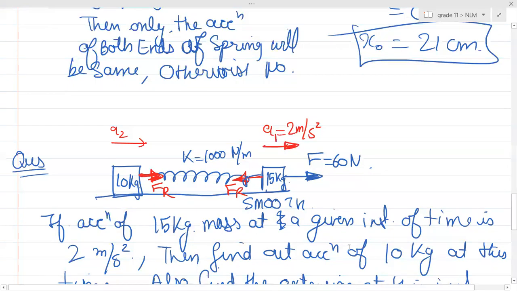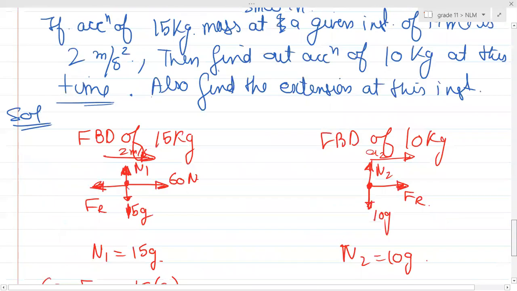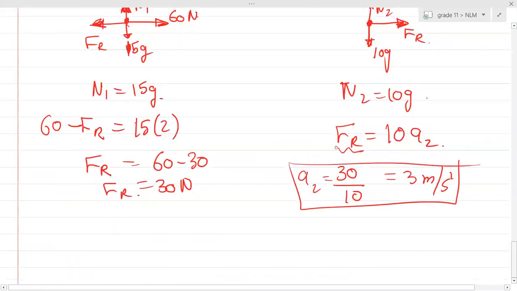So that's it for this question. I'll give you one more question, and then later on we'll do some more questions on spring and constraints.